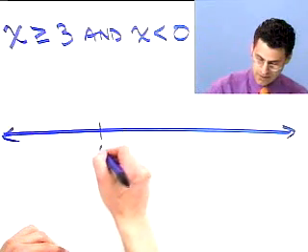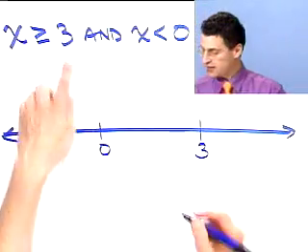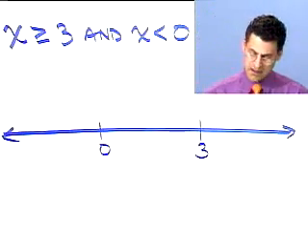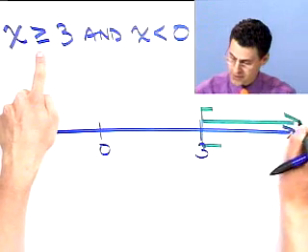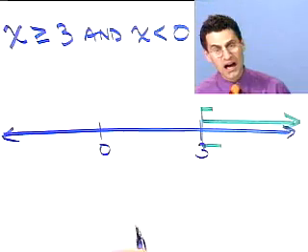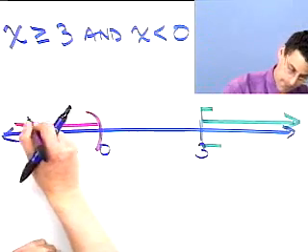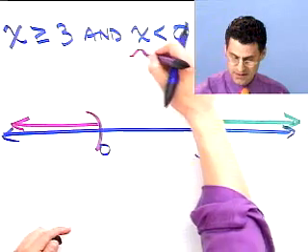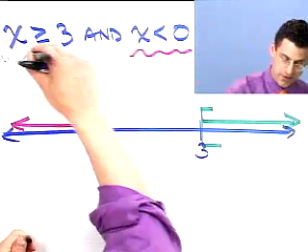So here's 0, 1, 2, and I'll mark 3. X is greater than or equal to 3. So that means I'm allowed to actually include 3, since I'm allowed to equal 3. But then all the points bigger than 3. So there's that. And at the same time, I have to be less than 0.